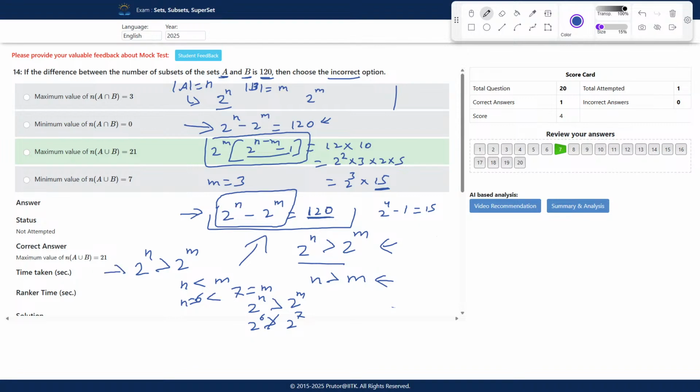In order to have this, I must require n greater than m, as both n and m belong to natural numbers. This is only true when you are having this thing. Is it clear or not? Clear?